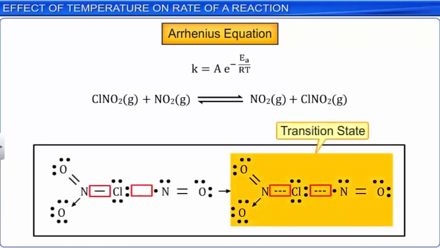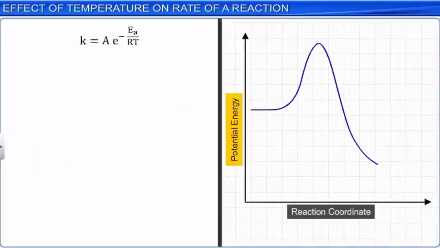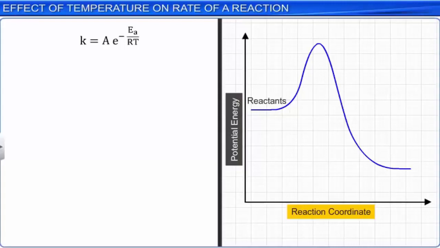If we plot the potential energy of the molecules versus the reaction coordinate, we get the curve shown here. The peak of the curve is the transition or intermediate state, which is also known as the activated complex.